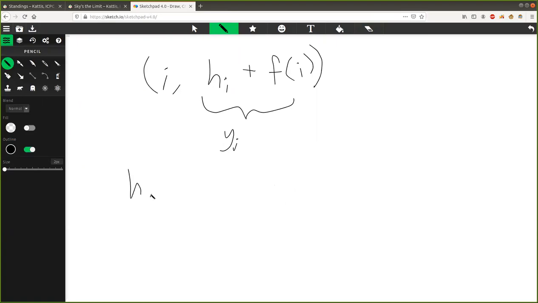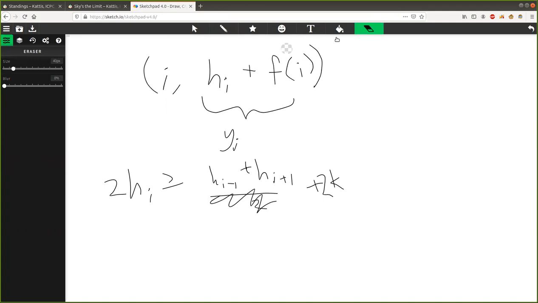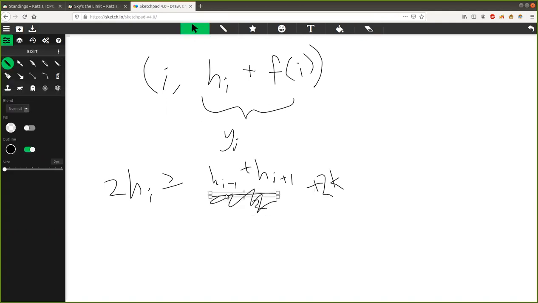So the condition is hi greater than or equal to the average of these plus k. I'm just going to multiply by 2. And then let's write hi in terms of yi. So we have 2 y minus f.